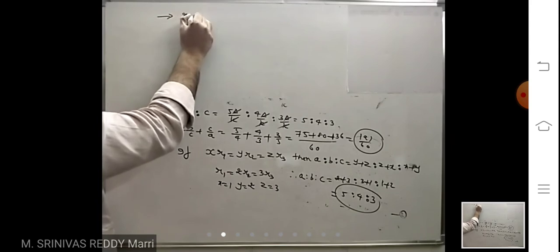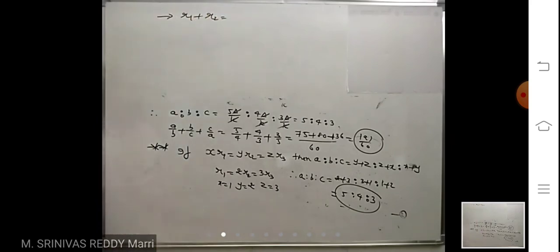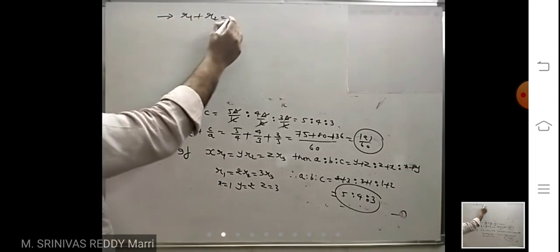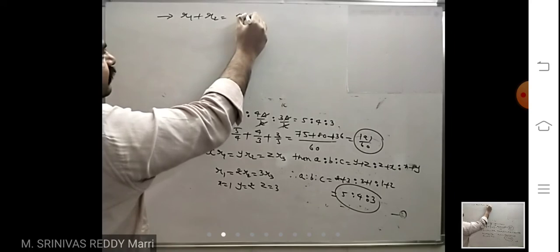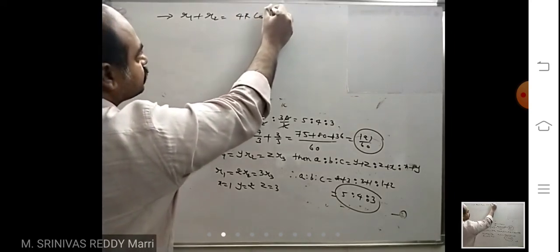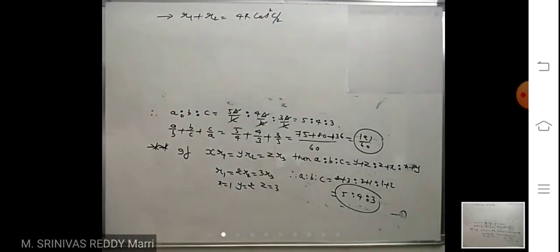Now, R1 plus R2. Look at this one. R1 plus R2, that means this is one radius. Whenever you get this formula, you replace it by 4R cos square C by 2.